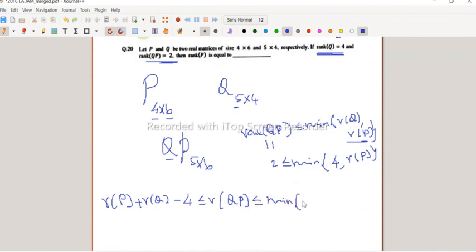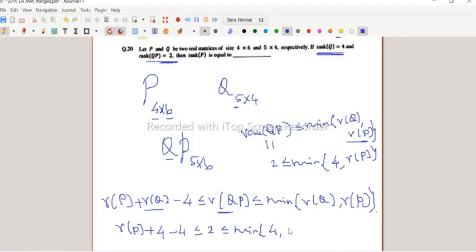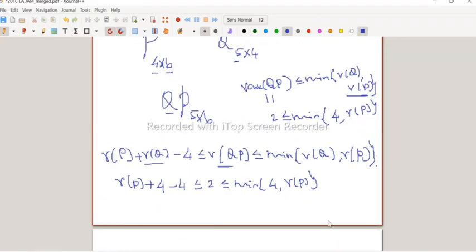So minimum of rank of Q comma rank of P. We don't know the value of rank of P, therefore keep rank of P plus this value 4 minus 4, less than or equal to 2, as it is given that this value is 2. This is less than or equal to the minimum of 4 and the unknown rank of P. We have to find the rank of P. Now we can cancel 4, therefore rank of P is less than or equal to 2.